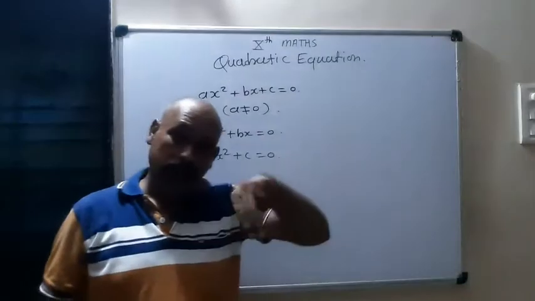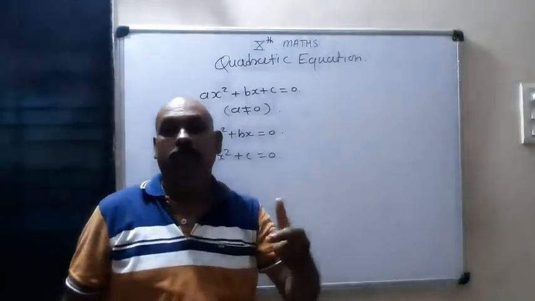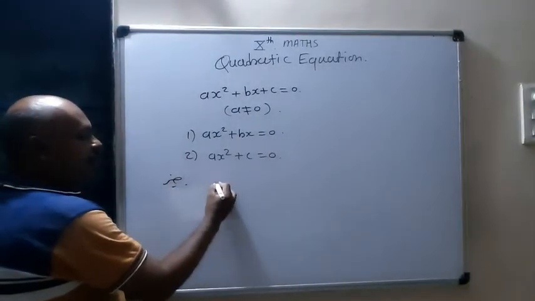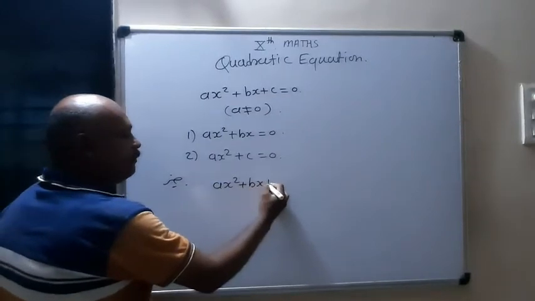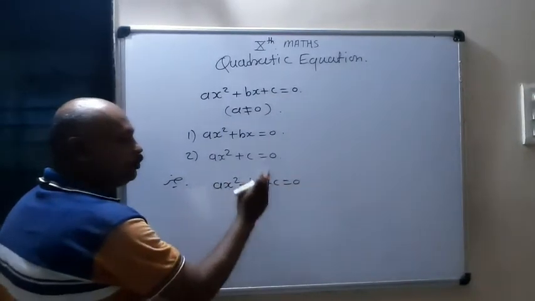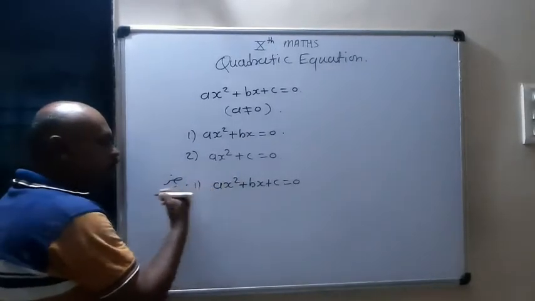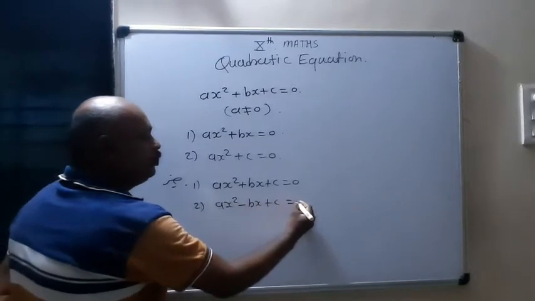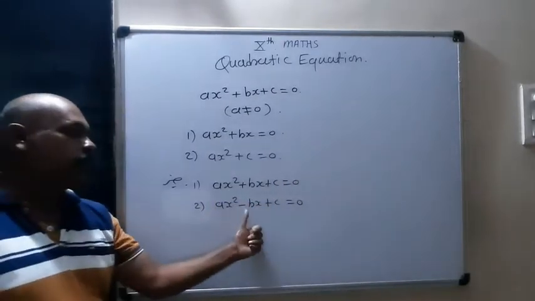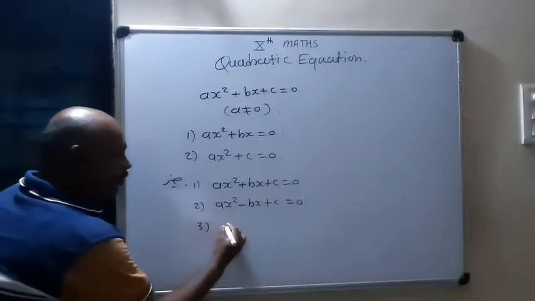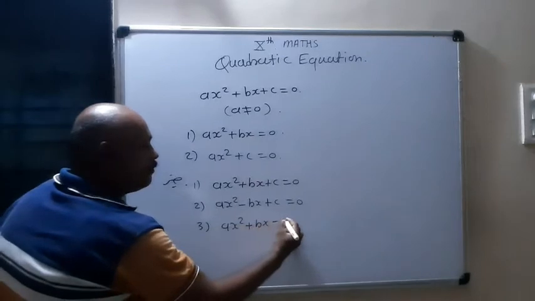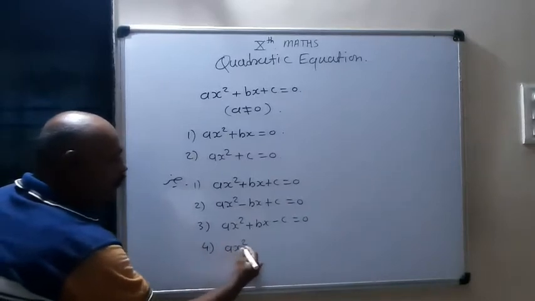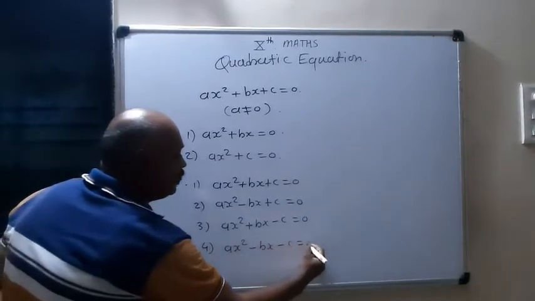And there are also other forms based on the signs of the coefficients. ax square plus bx plus c equal to 0, where all terms are positive, is also a quadratic equation. ax square minus bx plus c equal to 0 is also a quadratic equation. ax square plus bx minus c equal to 0 and ax square minus bx minus c equal to 0.